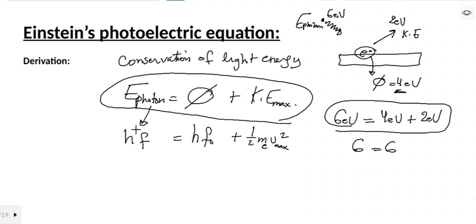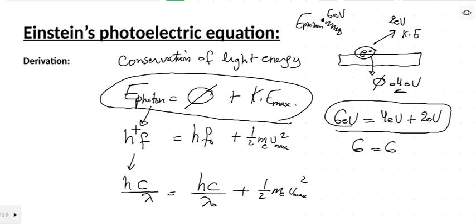If I have the wavelength for both, instead of using frequency, we can write hc over lambda equals hc over lambda threshold plus half m_e v maximum squared.